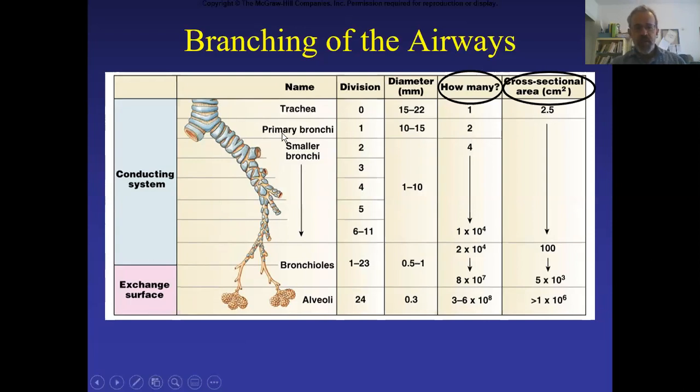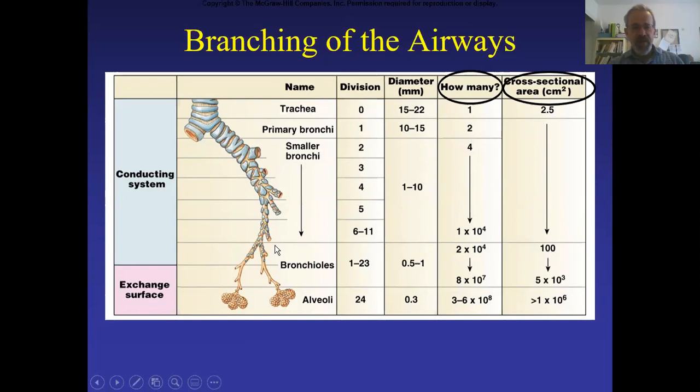We then branch into the primary bronchi, of which there are two, right? And those bronchi divide, or I should say don't divide, they actually branch several times, ultimately going from 2 bronchi to 4 bronchi to 10,000 bronchi, which greatly increases the surface area as well.